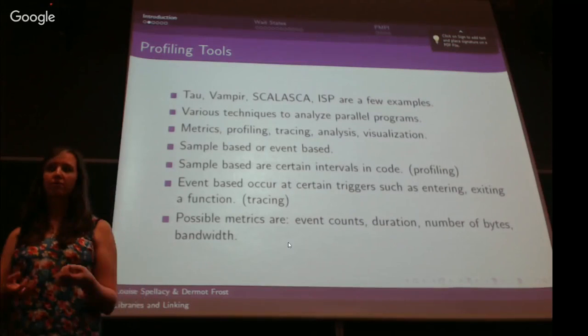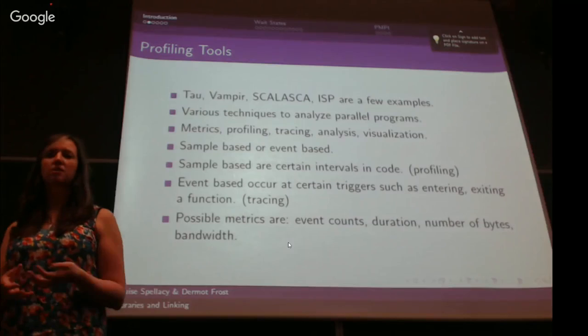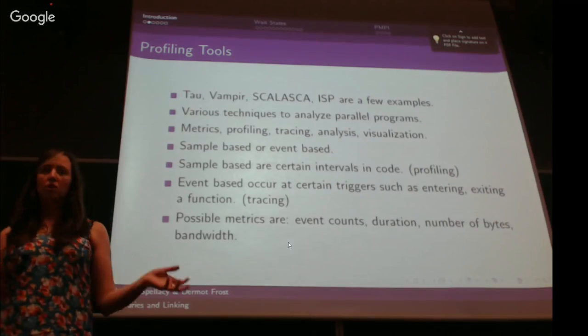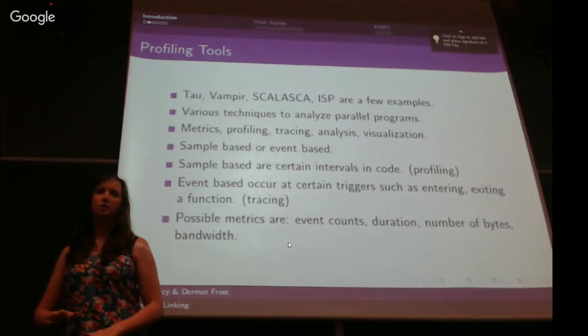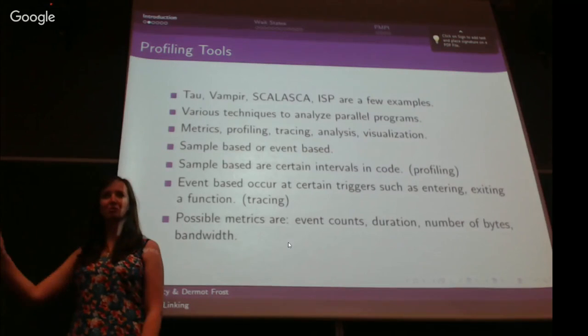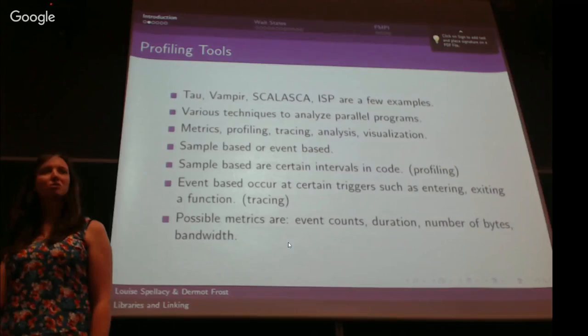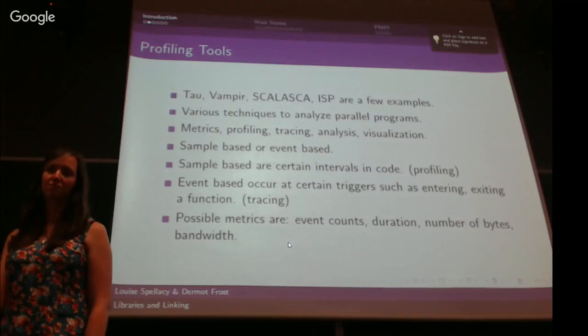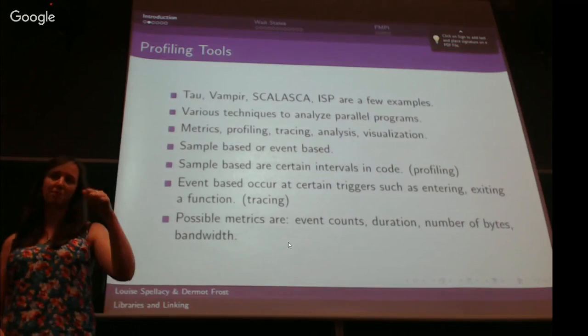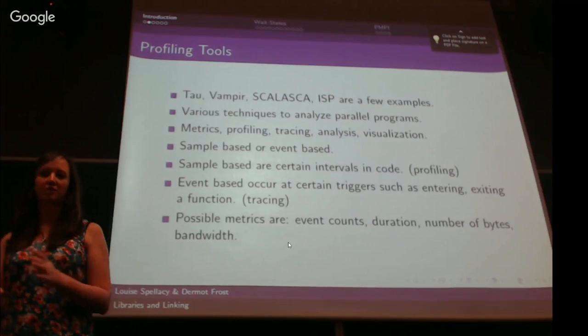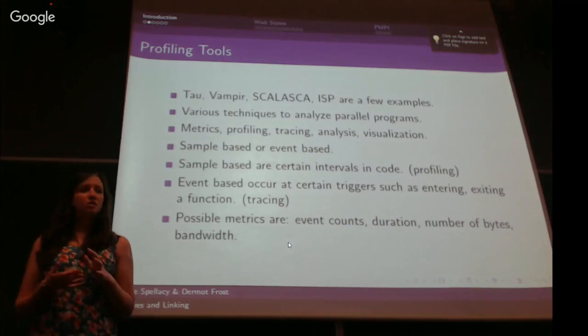Are we pulling heavily on the network while we're doing all our sends? And some people only want visualization. Things like Vampir or Scalasca will give you a nice pretty picture that can go into your report and say either that your code is terrible or that your code is really good. You ideally want it to tell you that your code is fantastic and you've got a minimum amount of communication and lots of calculations.